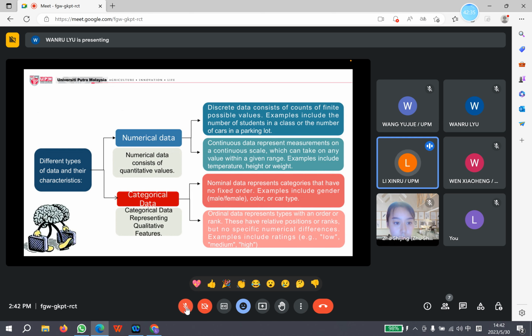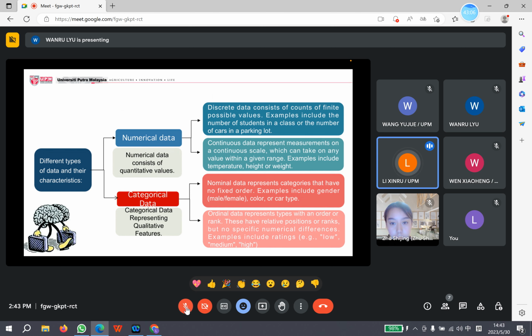Okay, the next page. Different types of data and their characteristics are divided into 2 parts. The first one is numerical data and categorical data. The first one, numerical data, consists of quantitative values.